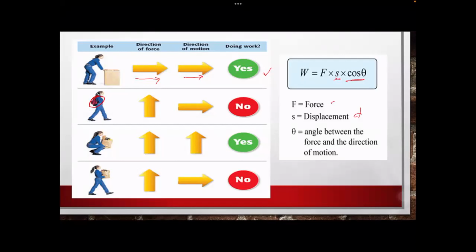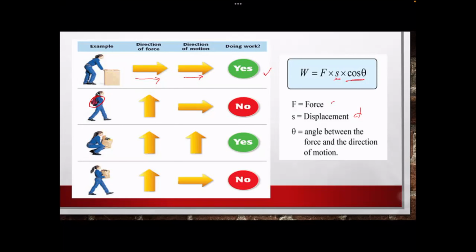The next we have is lifting a grocery bag. Lifting, so going up, and the direction of the motion is going up also. So there is work. Then here, carrying a grocery bag, the force is upward, against the direction of motion, which is going to the right.